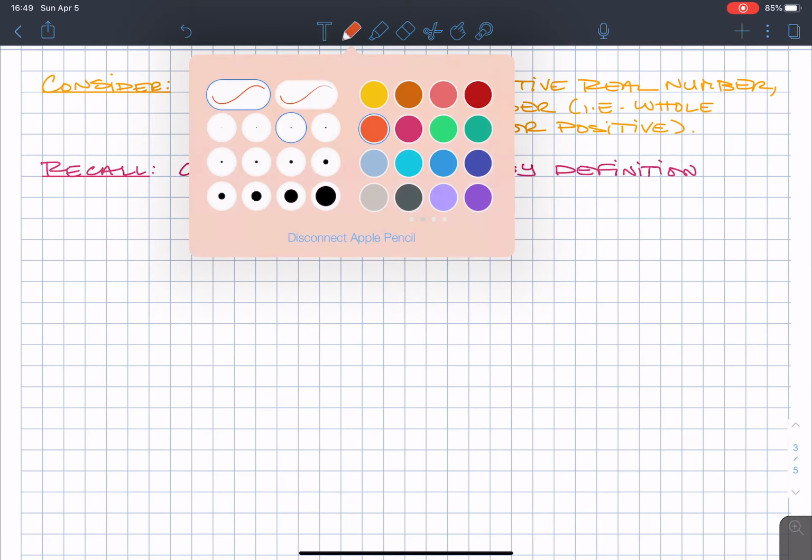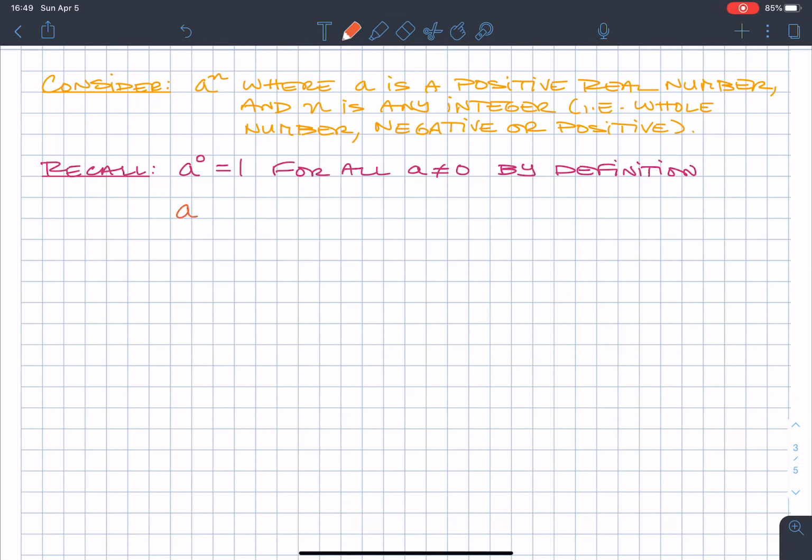And then we have that a to the negative number n is going to be 1 over a to the positive number n. So, for example, 3 to the negative second will be 1 over 3 to the positive second, which of course is 1 over 9.